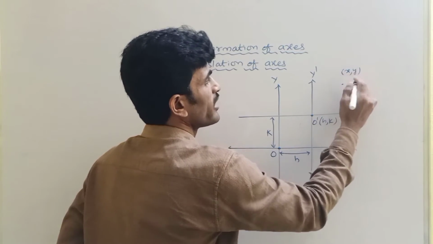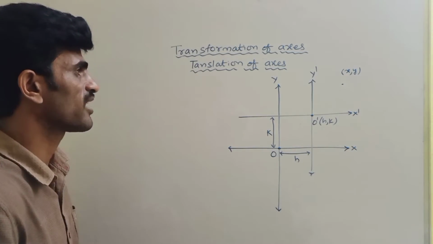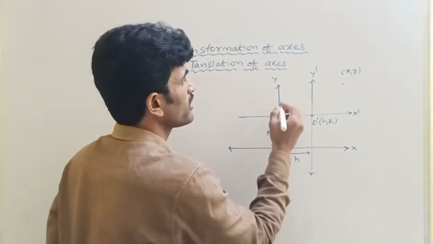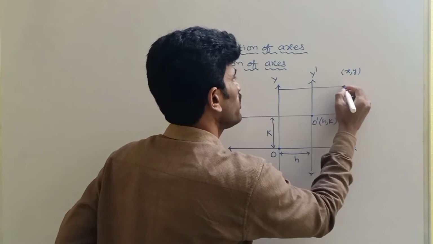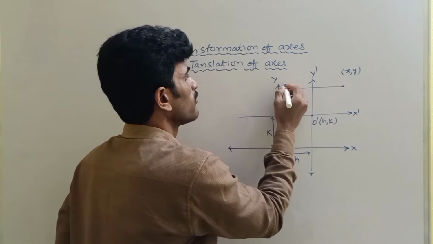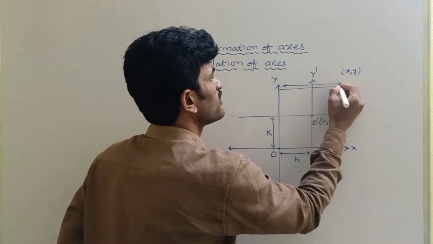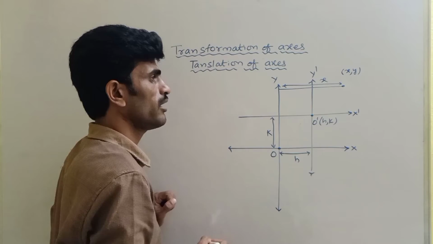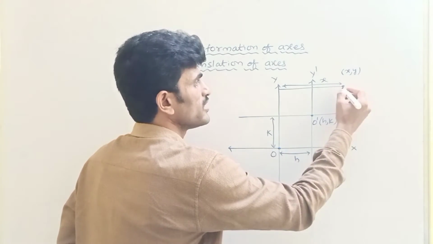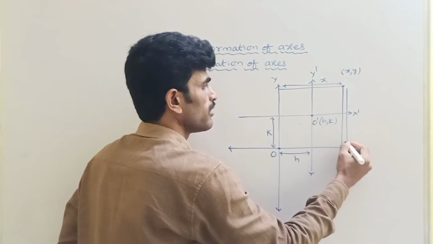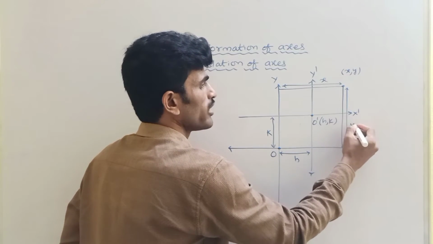According to the original coordinate system, the point is x comma y. That means the x coordinate, the distance from here to here, is x. And the y coordinate, from here to here, is y.